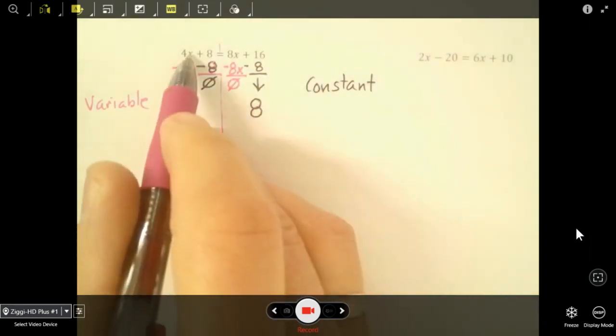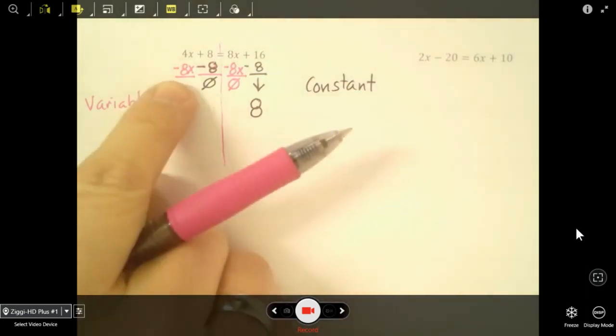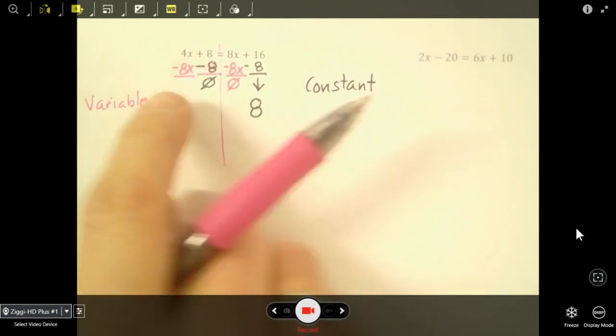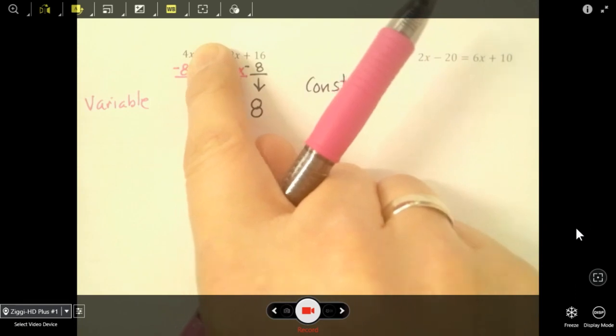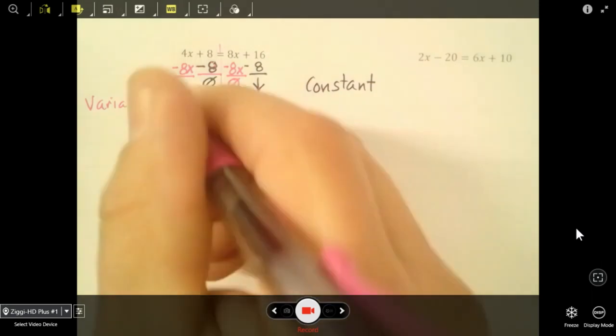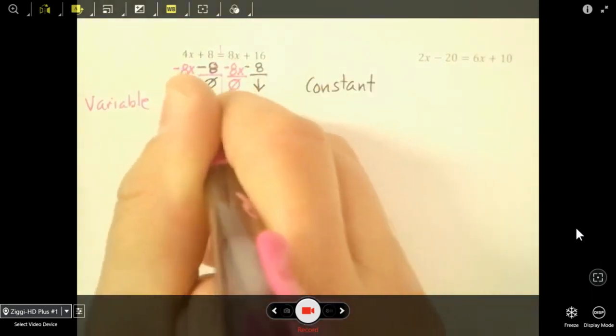Now I have 4x minus 8x. And like I've told you previously, whenever you're subtracting variables from each other, you cannot put the x in a calculator because it'll give you an error. But what we can do is ignore the x for a moment and just subtract the coefficient. In other words, I'm going to subtract 4 minus 8. So I am going to go ahead and write an x down here because we know we're going to have an x after the number.